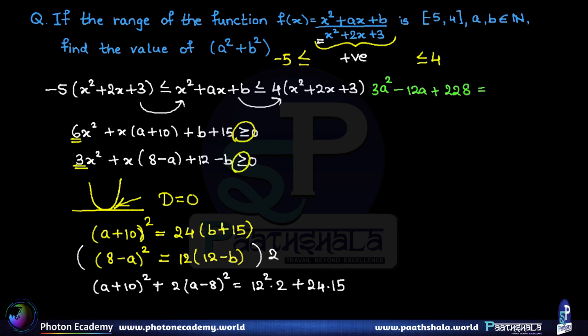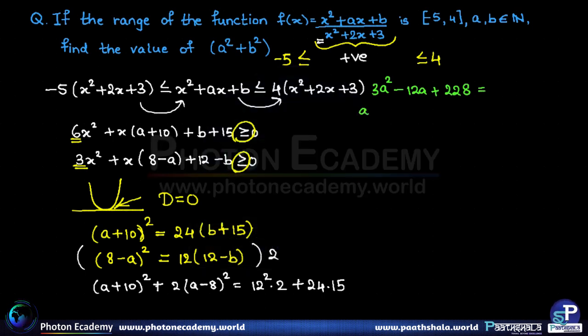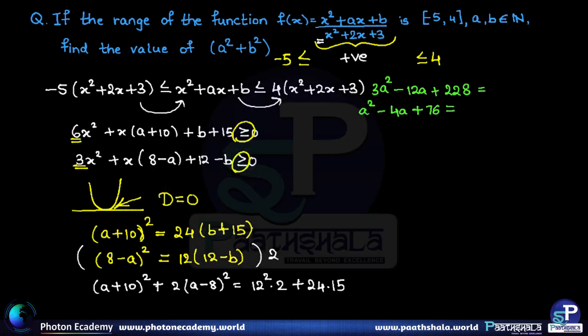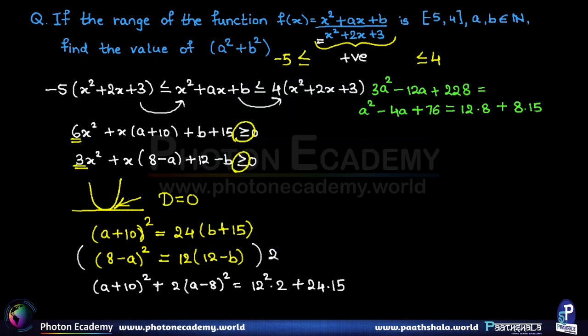Let us divide the whole thing by 3. So we are left with a square minus 4a plus 76 is equal to, so this will be 12 divided by 3, so 12 into 8, plus 24 divided by 3, so that's 8 into 15. So 12 into 8 is 96 and 8 into 15 is 120.